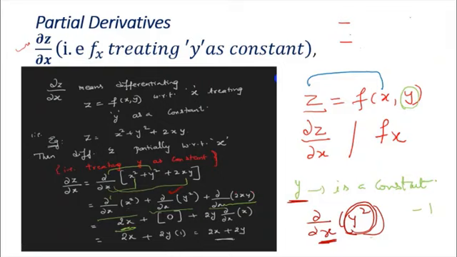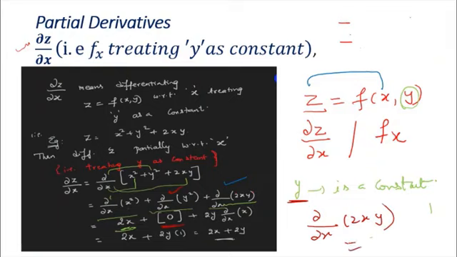So dou by dou x of y square is 0. And the next term is dou by dou x of 2xy.